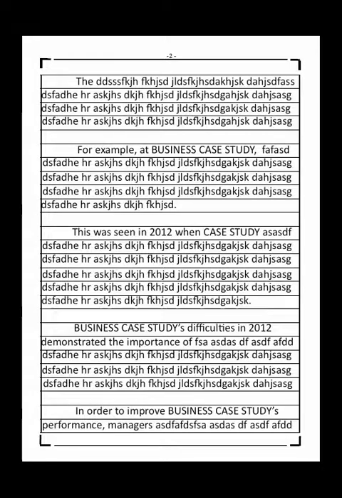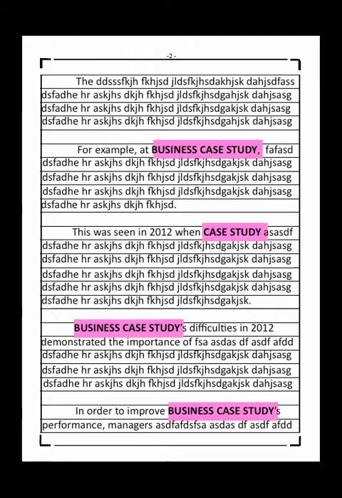Now, still, that's not really good for a marker to look at. So if you're using case studies, you can see, if you look at it, that the rest of it's just gobbledygook. But you can see business case study, business case study. So that's where the case studies would be. I would highlight them. And there's always this controversy about, oh, my teacher said you shouldn't highlight. That's rubbish.